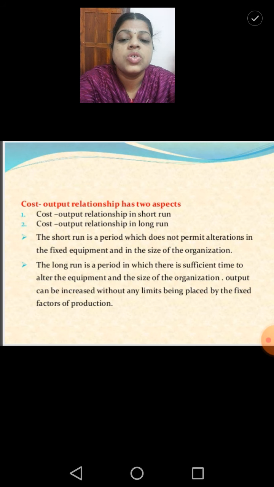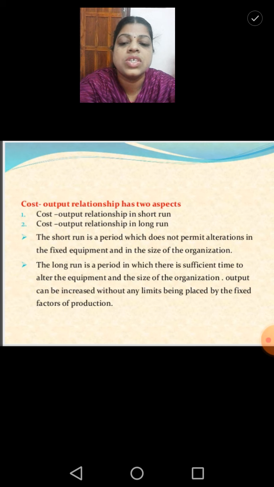Children, we have already studied the difference between the short run period and the long run period. In the short run, some of the factors are fixed and some are variable. So here, there are no such alterations in the fixed equipment and in the size of the organization.